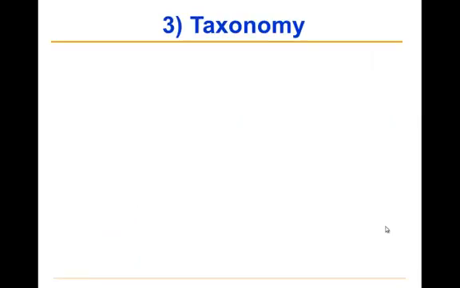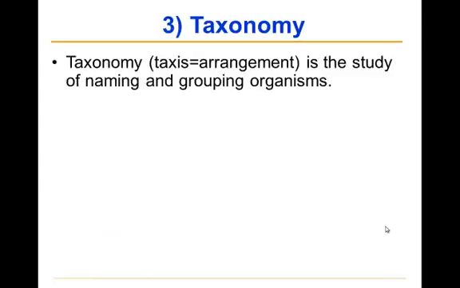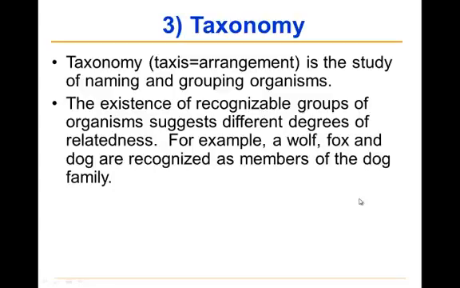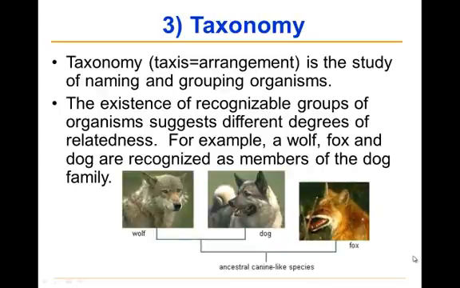All right, the third line of evidence is taxonomy. Taxonomy is the study of naming and grouping of organisms, and the existence of recognizable groups of organisms actually suggests different degrees of relatedness. The fact that we can recognize a dog family and a cat family actually means that they had a more recent common ancestor.